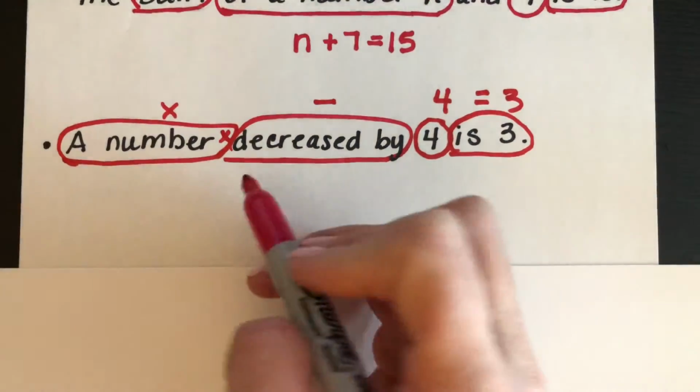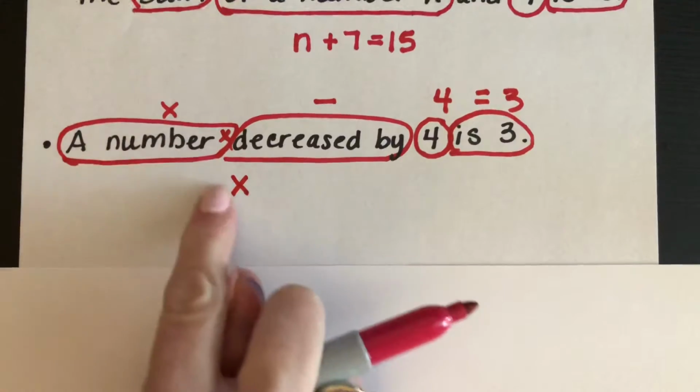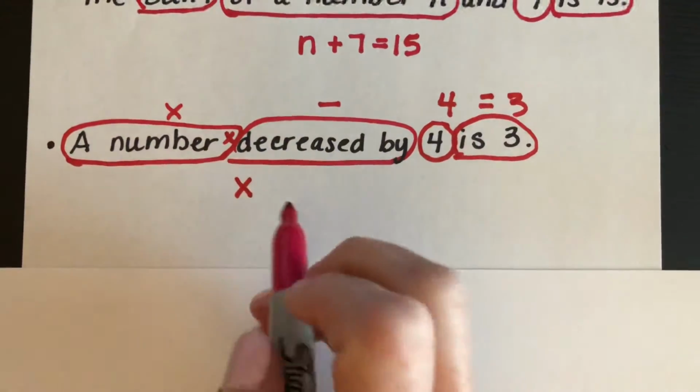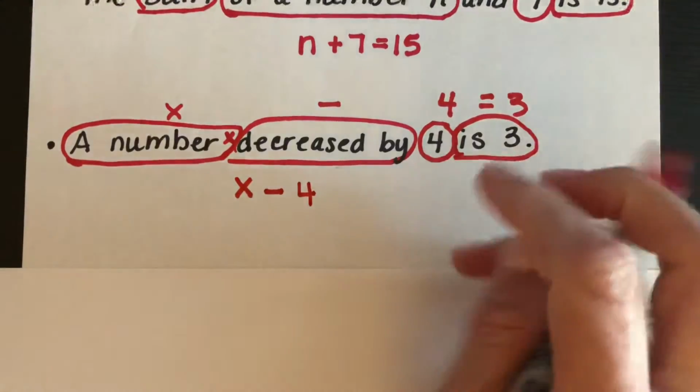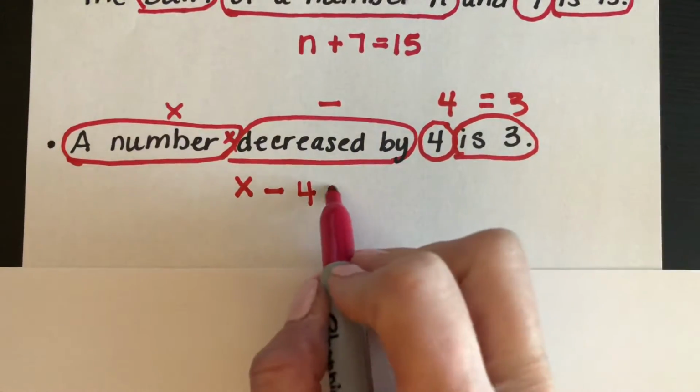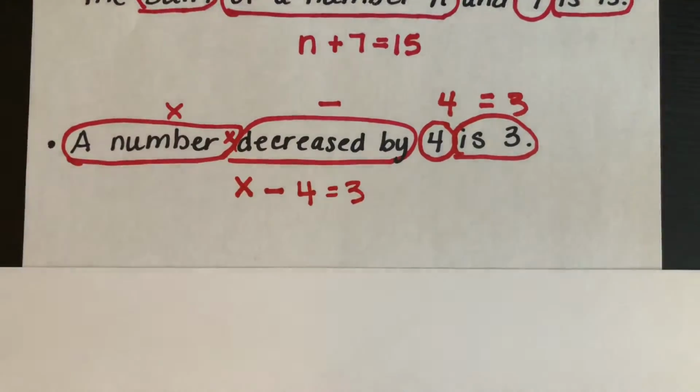So a number x, so pull down my x, decreased by minus 4 is 3, equals 3. And that's your answer. We're not asking you to solve, we're just taking our sentences and making them into an equation.